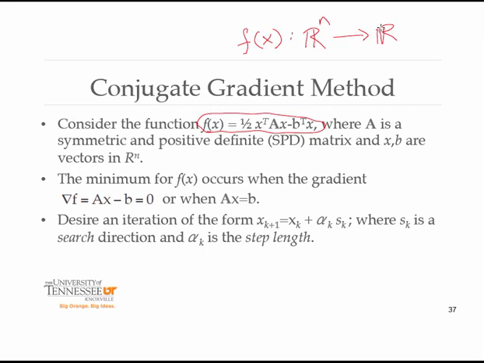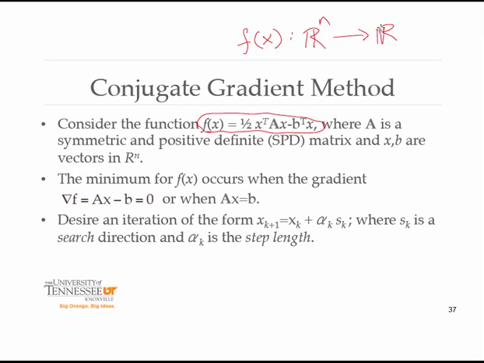Now, two very important properties for the matrix A defining this particular vector-valued function f are that A is a symmetric, positive definite matrix, and certainly, as we said before, x and b are vectors in R^n. So the fact that the matrix is positive definite is crucial. Symmetry as well, but especially symmetric and positive definite.